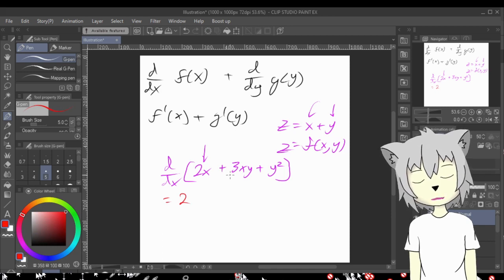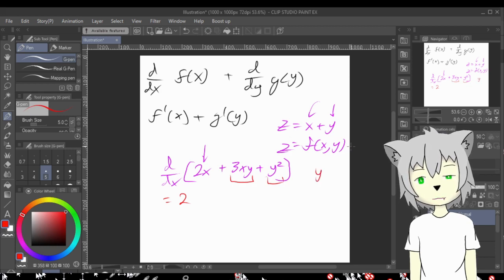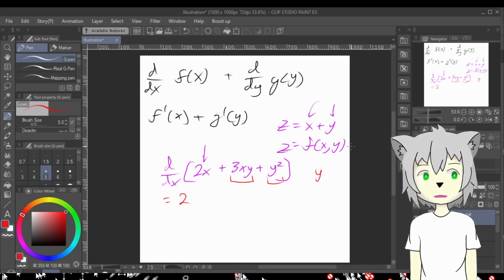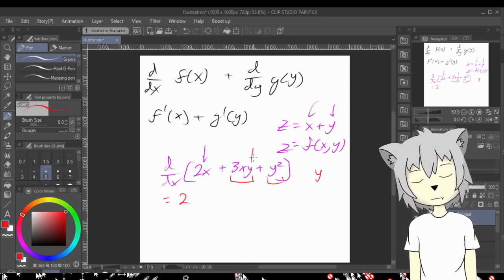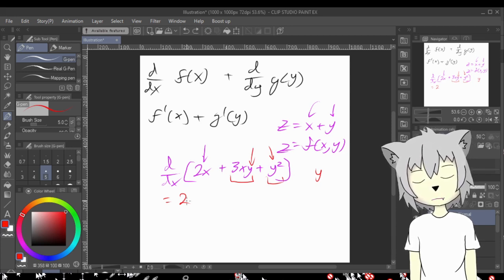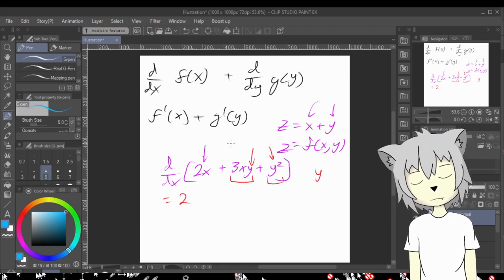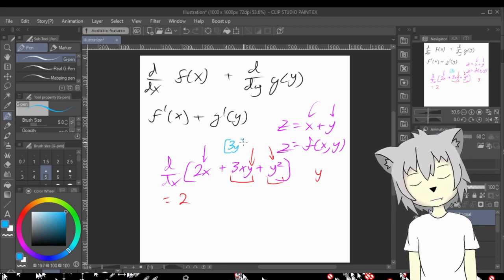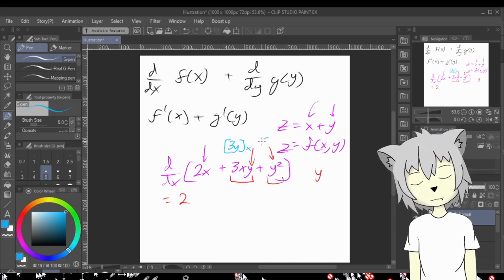But this might be a bit more complicated, and you probably don't even know what to do with this. Basically, we treat that other variable as a constant because we're finding the change in x as x changes. The other variables stay the same. We're not changing y here, so these are no different than constants. You could think of it as 3y, where x is the variable and y squared is just a constant.